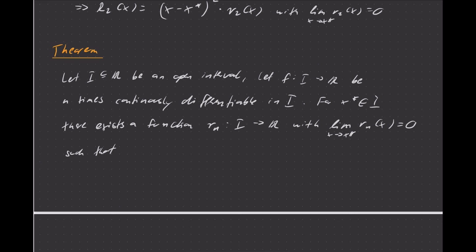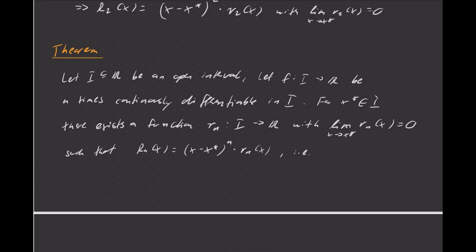The remainder is of the form that we've seen above. So Rn of x is of the form x minus x star to the power of n times Rn of x.